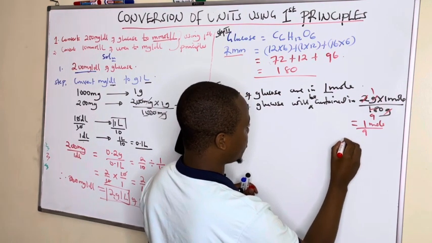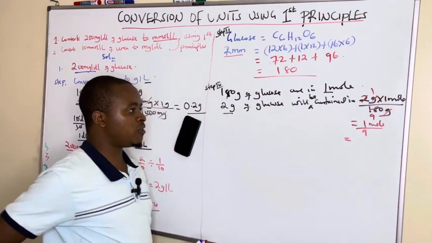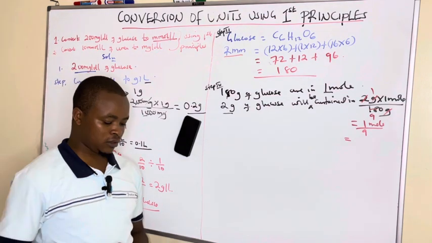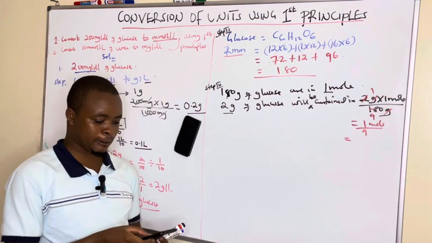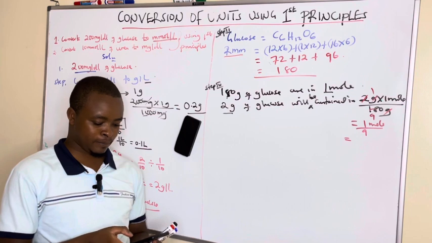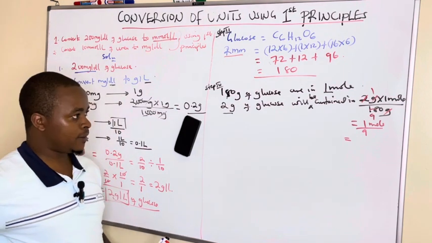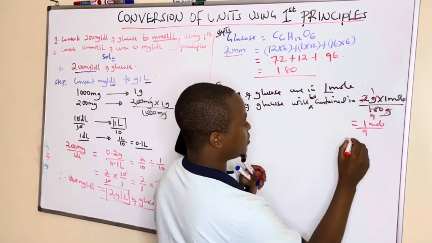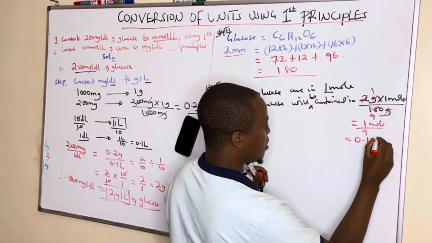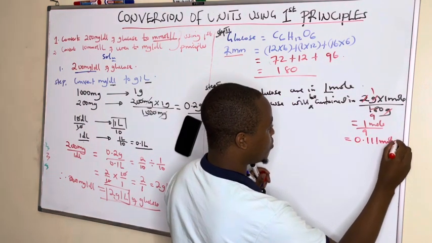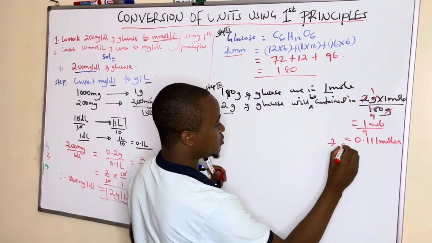And if we get 1 divided by 9, we shall be able to get 0.11, which is the same as 0.111 moles of glucose.